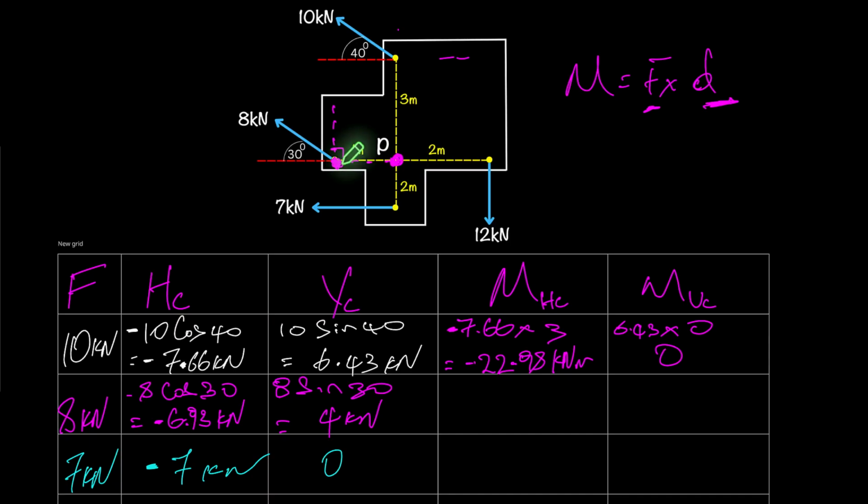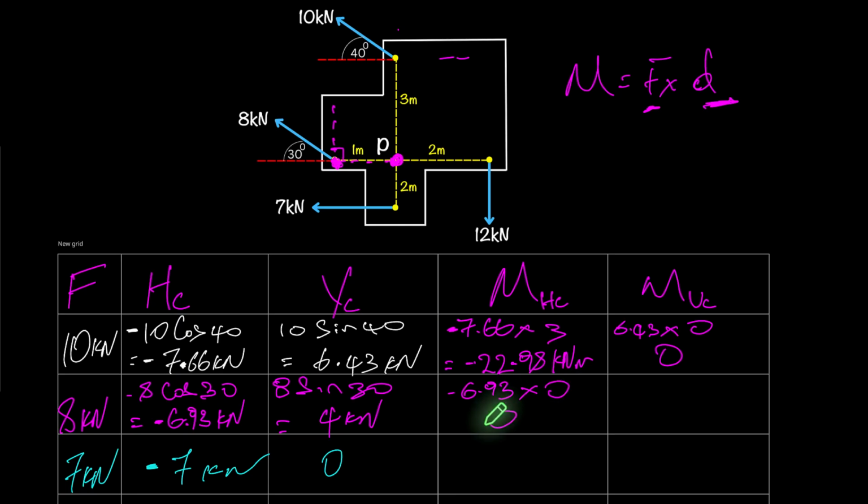Okay, so let's do the horizontal component first. And for that, because again, it's directly in line with that 1 meter line there, it's horizontally across, there will be no perpendicular distance. So what we would end up with here for this one, the 8 kilonewtons, is negative 6.93, but because our perpendicular distance is 0, then this will have no effect.